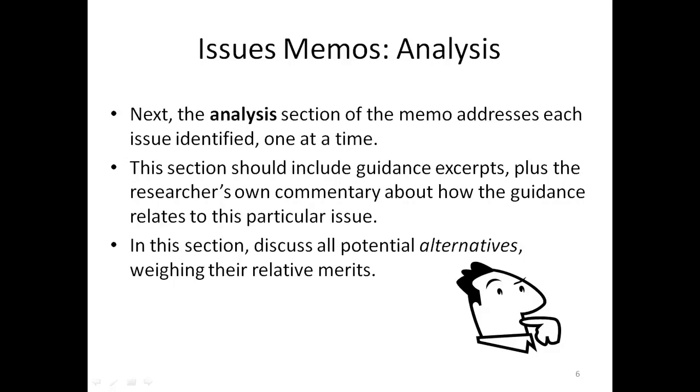The analysis section should include guidance excerpts, plus the researcher's own commentary about how the guidance relates to this particular issue. Discuss all potential alternatives, weighing their relative merits. And as you work with the analysis, cut and paste the words of the codification. Provide the user with the entire citation so the reader can see, and then use your words to comment on how the guidance relates to the facts.